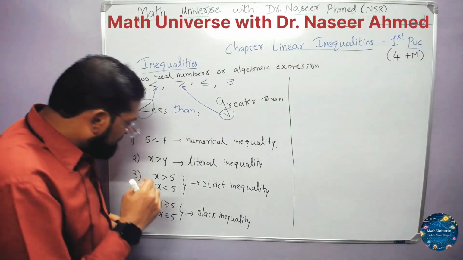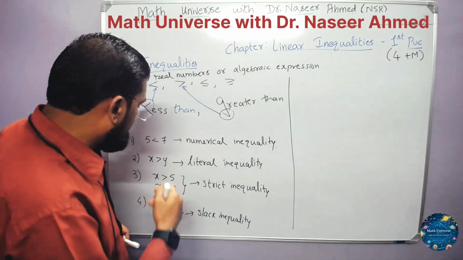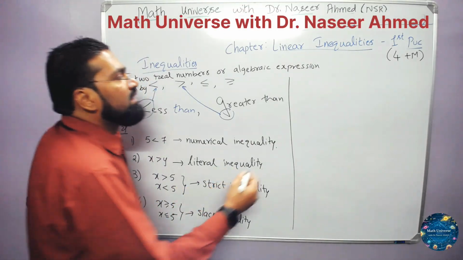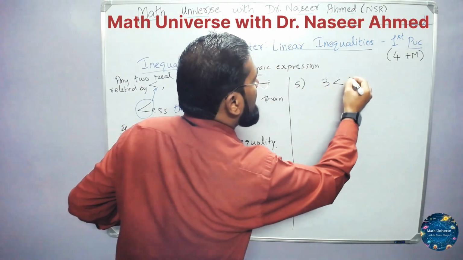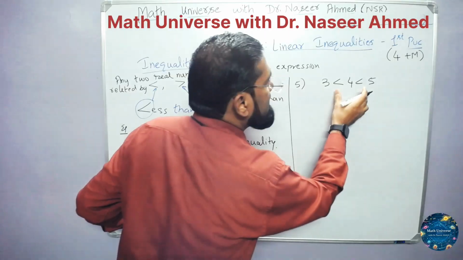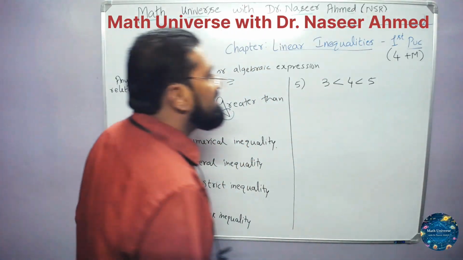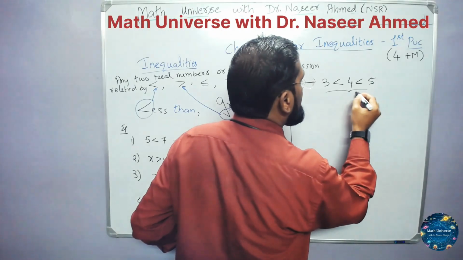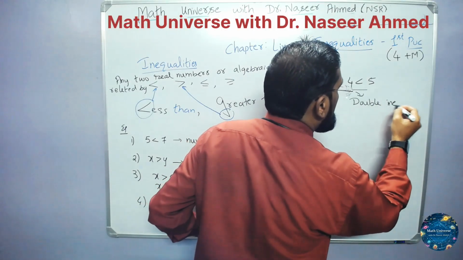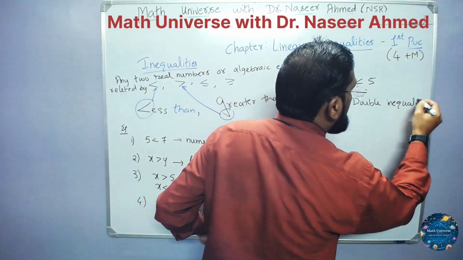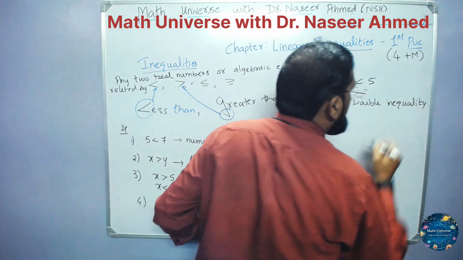We can also have more than one variable, but before that, suppose I have one more example: 3 is less than 4 less than 5. You can see here we have two inequalities. This we call double inequality. Whenever at a time we have two inequalities, that we call double inequality.